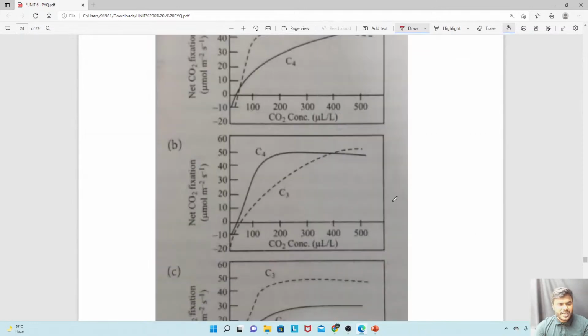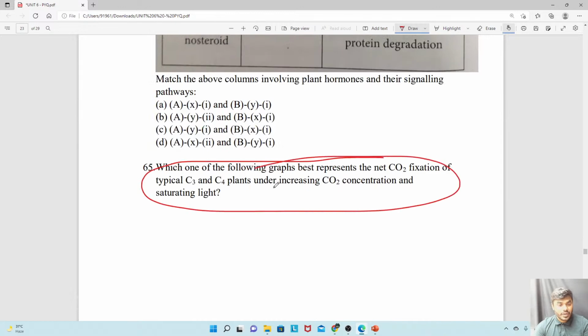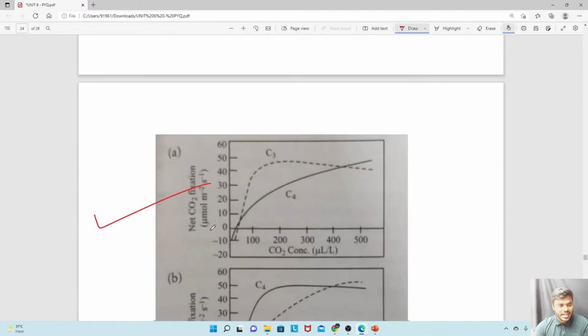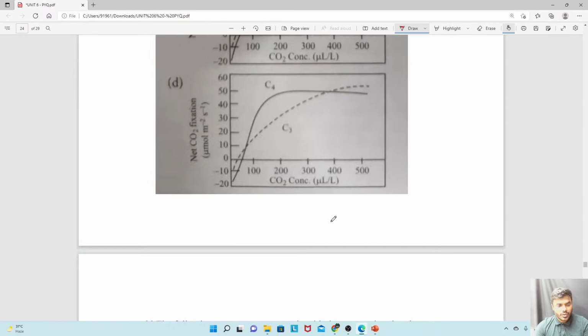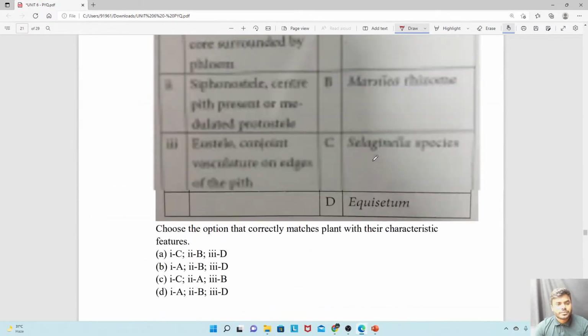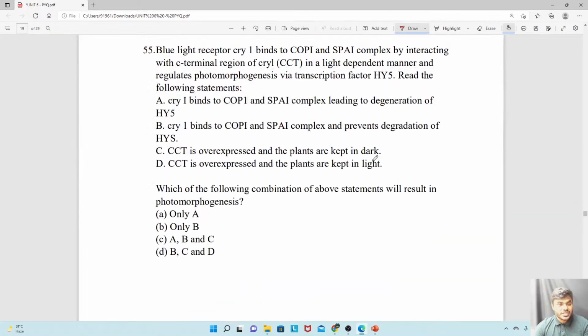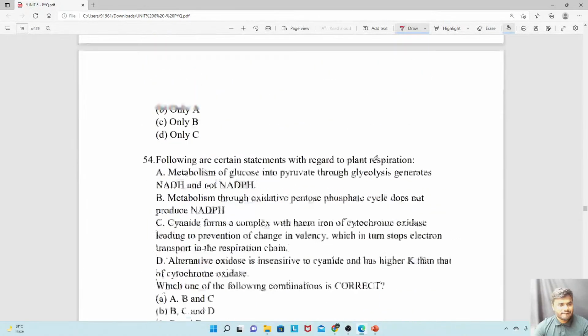Okay, compensation in this graph I will explain. Don't worry. Let's go down there. There are a lot more questions. Please be patient, friends.